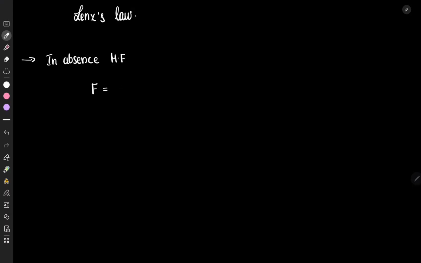So F is equal to m v square by r, which is m omega naught square r square divided by r, since v is nothing but r omega naught, which is equal to m omega naught square r. So in the absence of a magnetic field, the electron just experiences the centripetal force.